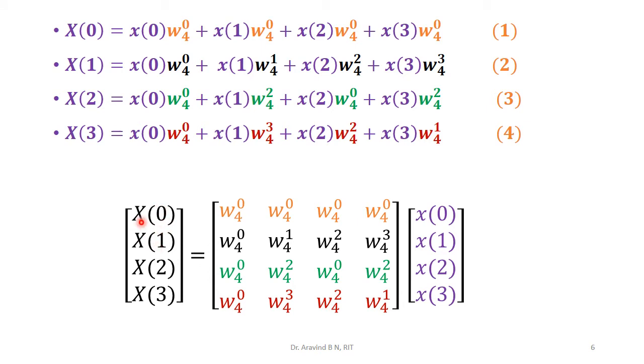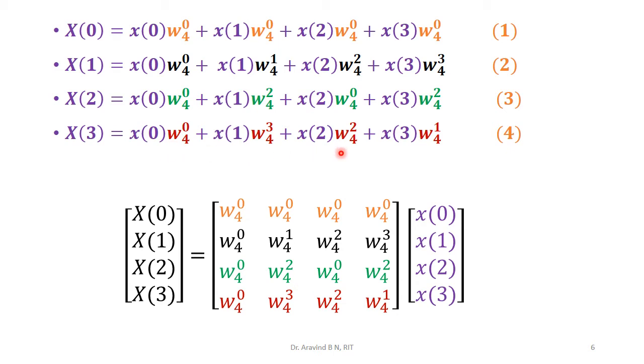On the left hand side, x of 0 to x of 3, whatever is present over there, we retain as a column matrix. The first row, all twiddle factors are kept as the first row in the matrix. Second row twiddle factor values are kept as the second row of the matrix. Third row as the third row of the twiddle factor.